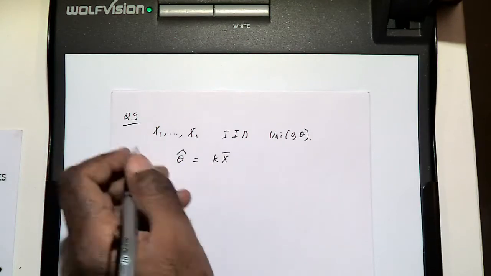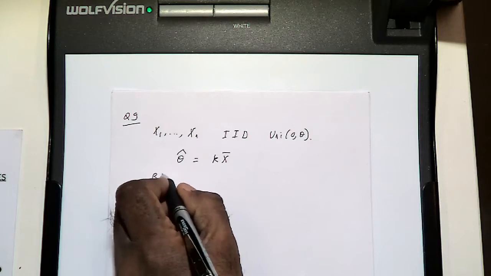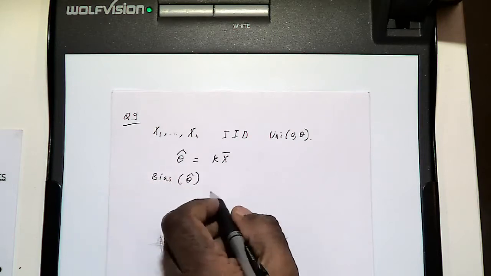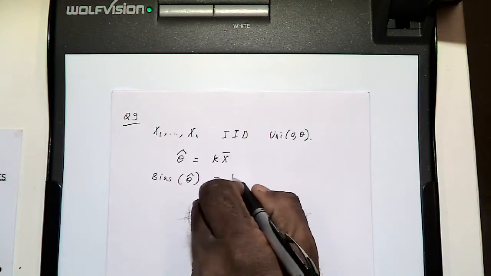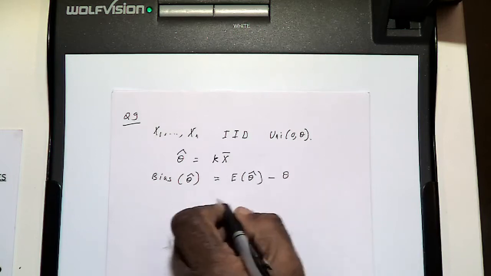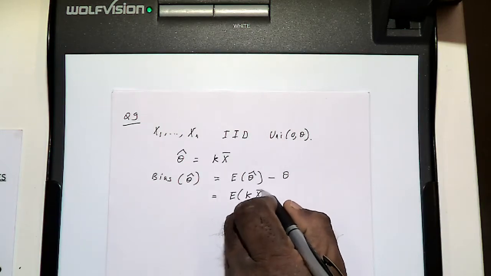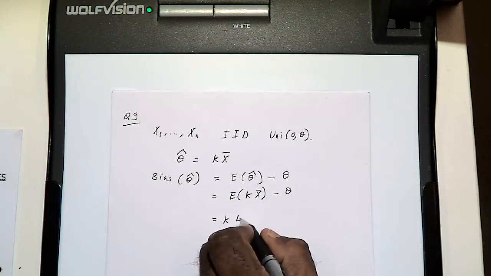So it's the same as the previous question we did. What we need to do is find the bias and set that to 0 and see what k is. So the bias is the expectation of k times x bar minus theta. K is a constant, so you pull it outside.